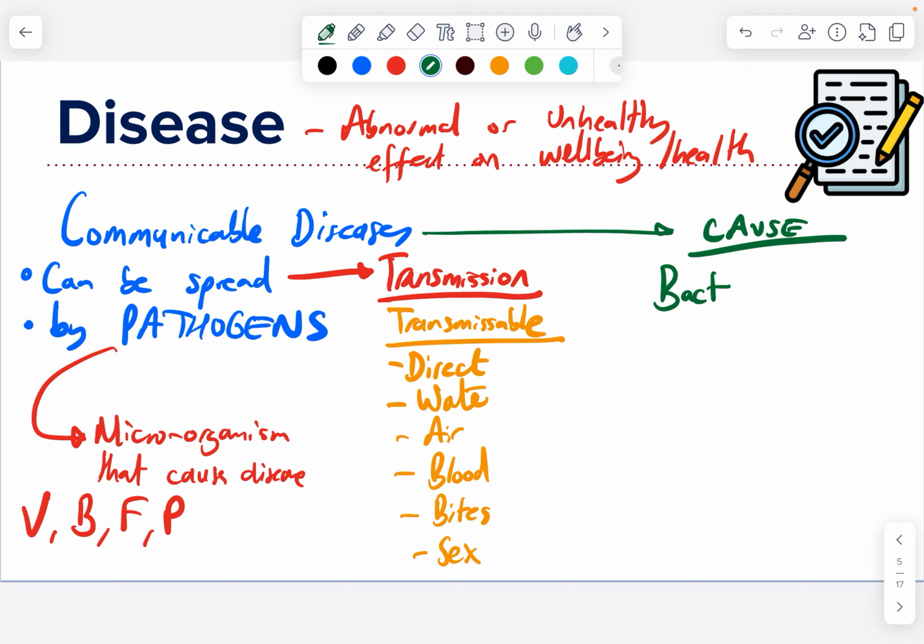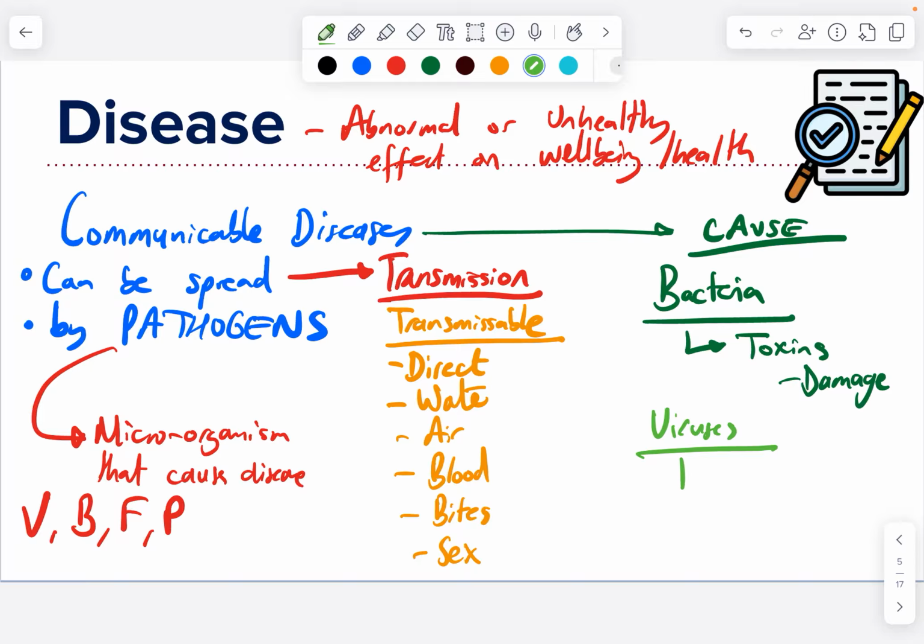Well, they do it in different ways. So bacteria release toxins, and it's these toxins that cause the damage. Viruses do not release toxins. They invade cells.